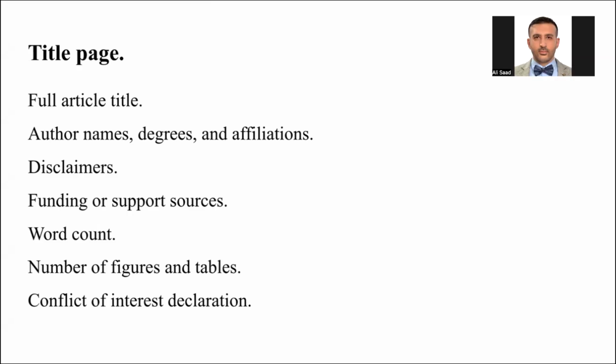You can also, on the first page, put the author names, their degrees, and their affiliations. Put any disclaimers, and any funding or support sources. Also, you can put the word count, and the number of figures and tables in your manuscript. You can also put a conflict of interest declaration.